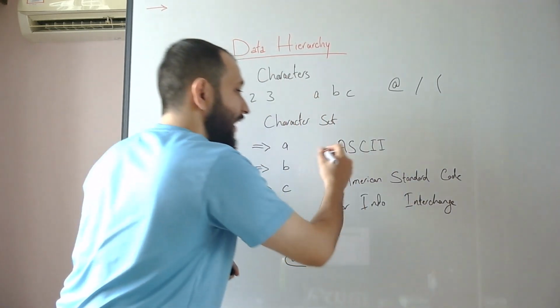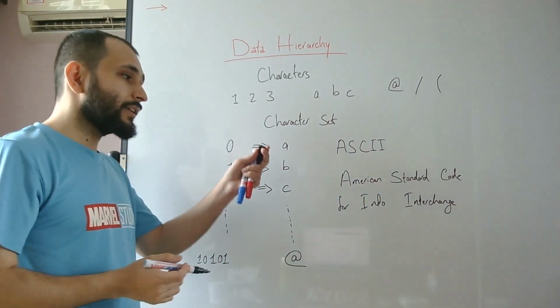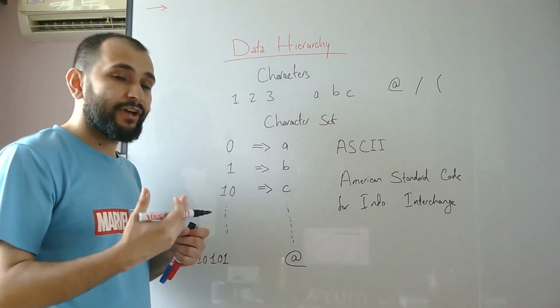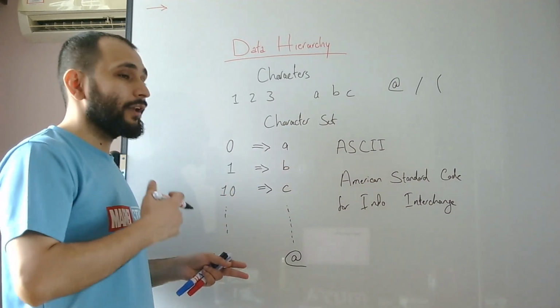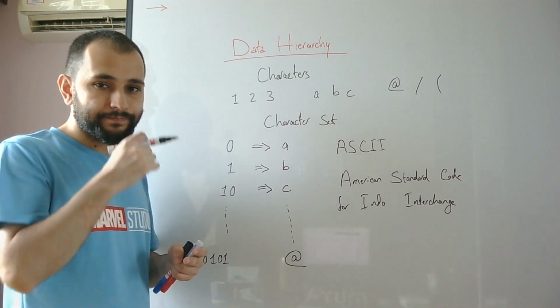So this is what the ASCII character set stands for, and this is a character set that correlates the binary numbers, or the representation of the binary numbers, with the characters that we are used to, and we would like to use these characters to work with computers.